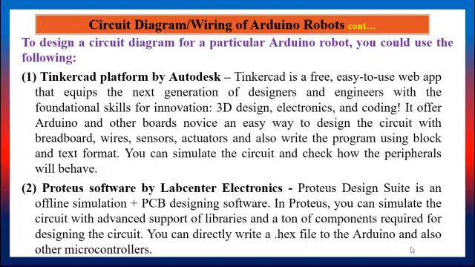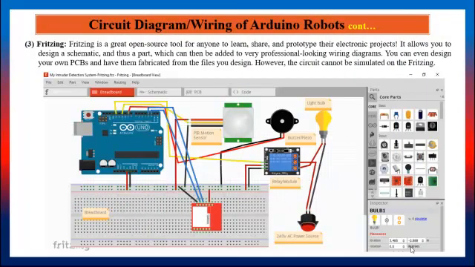Now, the third one I want to briefly explain is the Fritzing tool. Fritzing is a great open source tool for anyone to learn, share, and prototype their electronic projects.